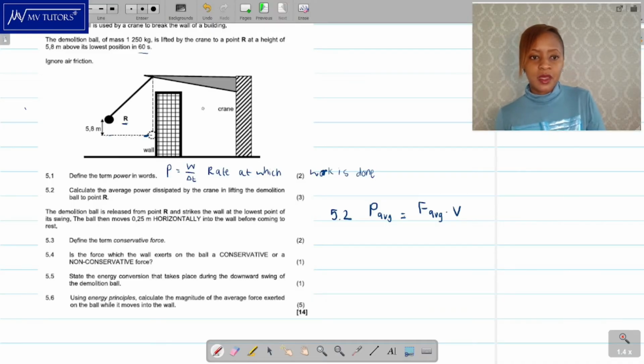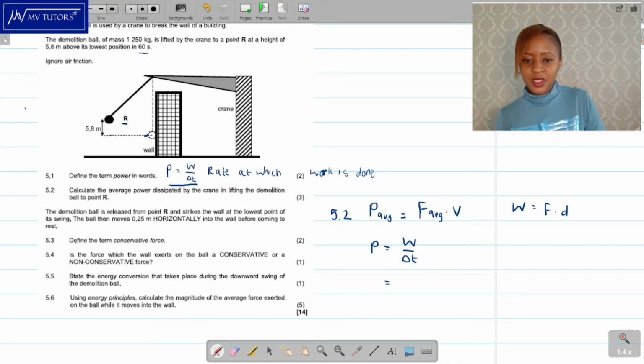Looking at this formula here, when we define power, it's work over time. So I would rather go with that definition. Work over time, but also remember that work is equal to force times displacement.